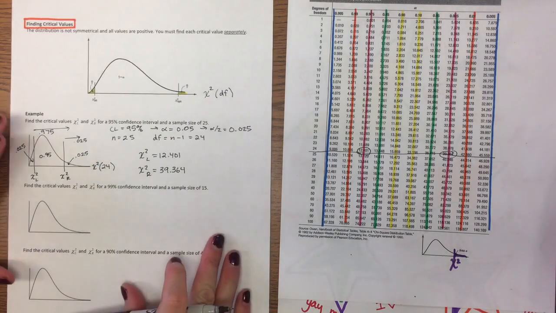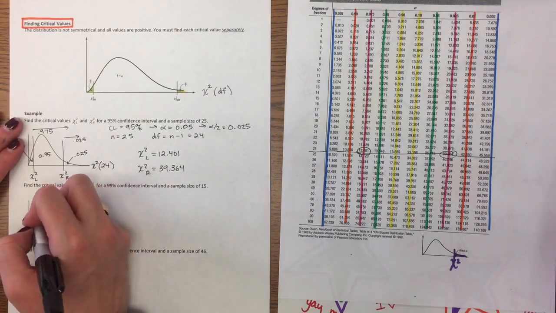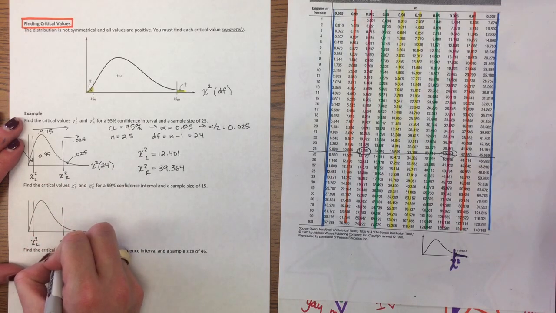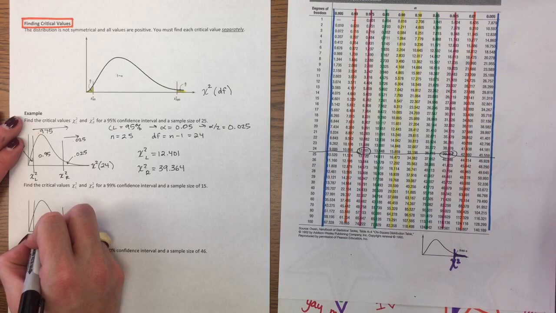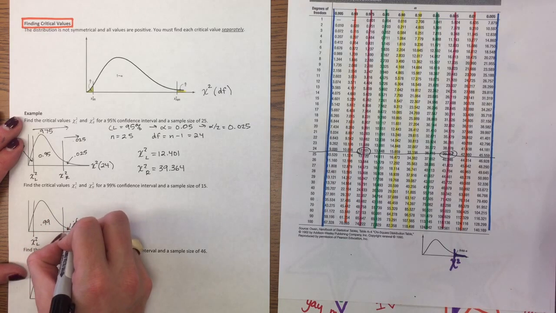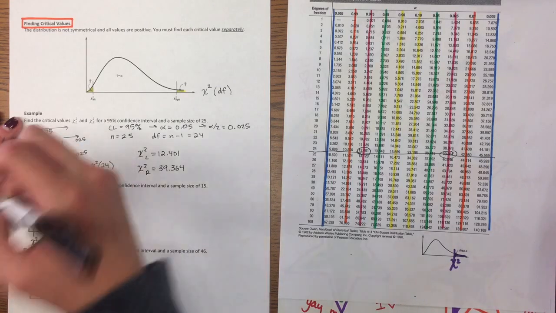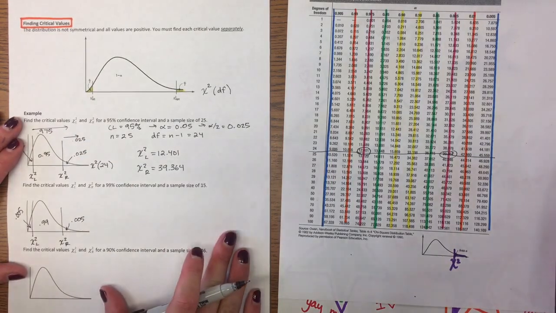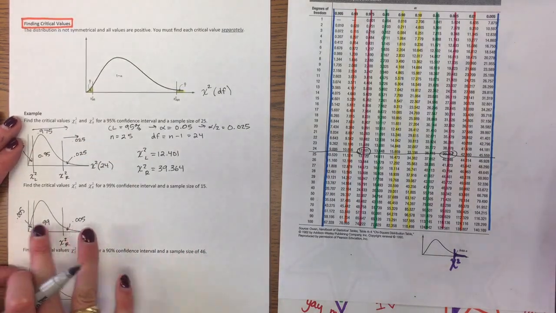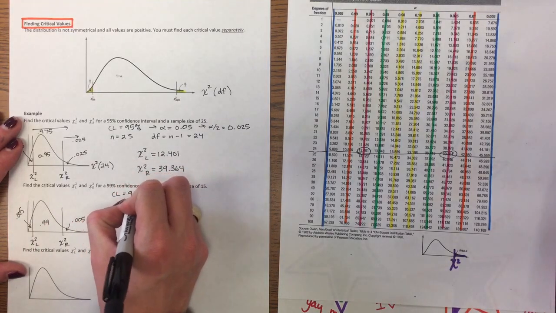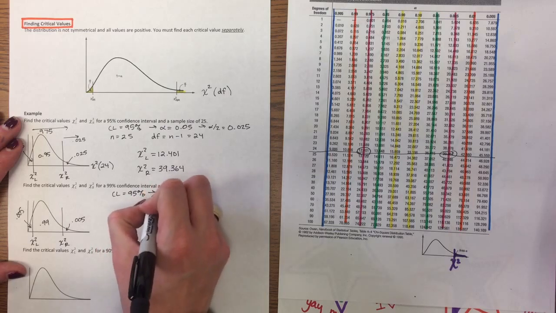As I continue for 99%, I have chi-square left, chi-square right. This is 0.99, so this will be 0.005 and 0.005. I'm getting really comfortable knowing these numbers, the alpha over 2 values related to the confidence levels, because this isn't my first time working with them.